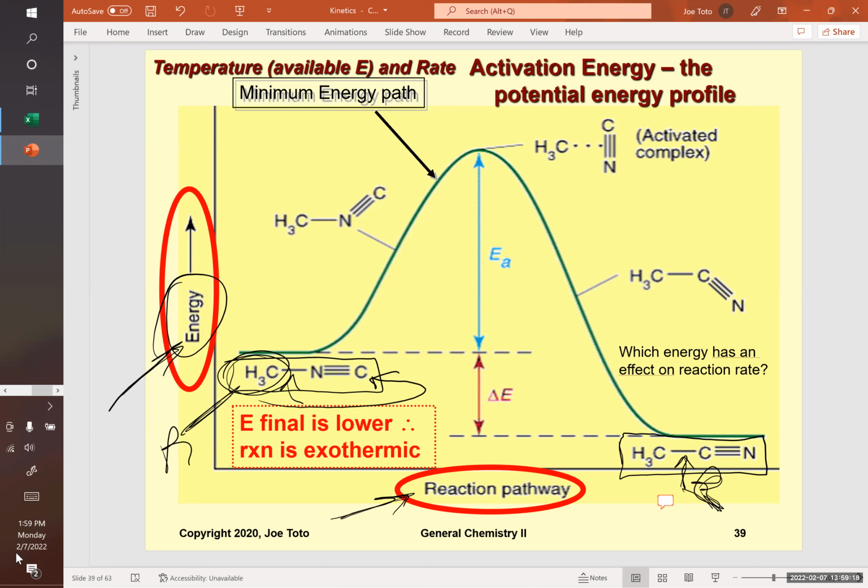And this coordinate kind of involves a whole bunch of things if you want to break it down, but in general, since we can only visualize in 3 dimensions, and on a flat surface only 2, it's advantageous to just look at these 2 dimensions, the energy versus as the reaction proceeds from reactants to products.